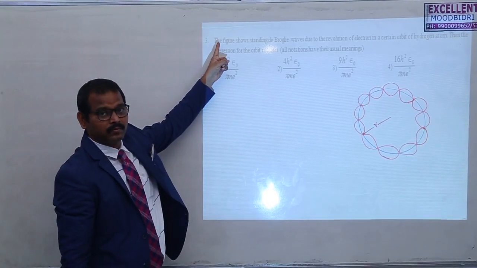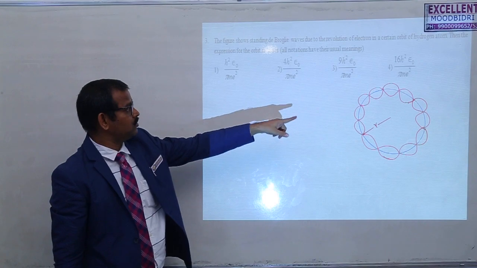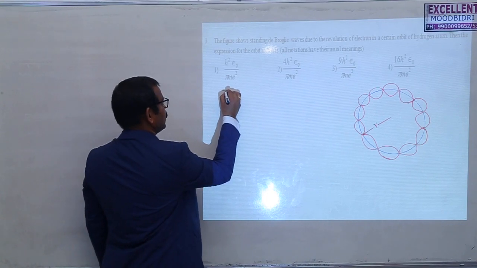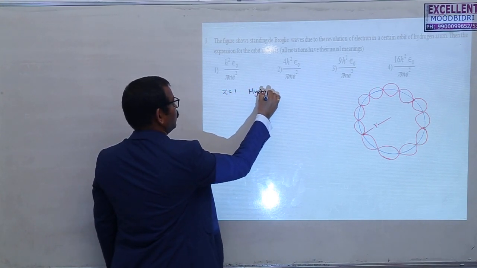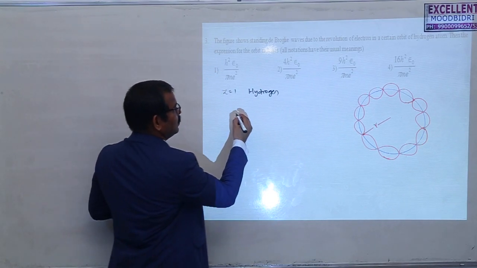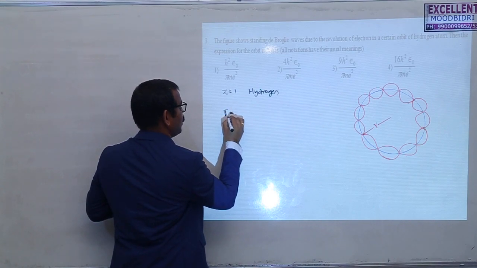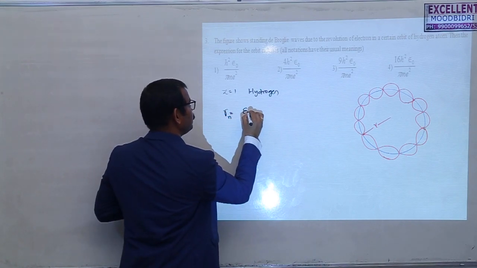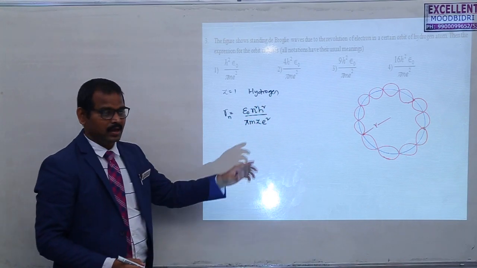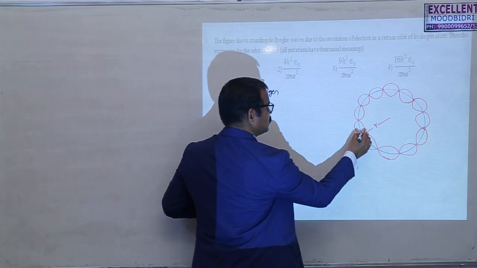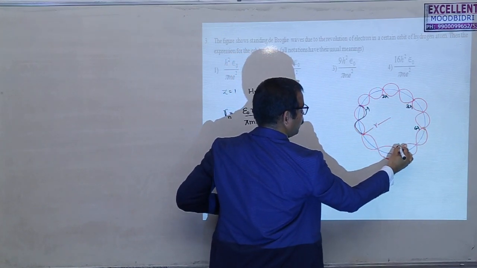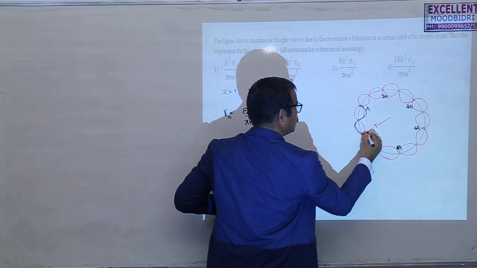In the third problem, the figure shows standing de Broglie wavelengths due to the revolution of the electron in a certain orbit of hydrogen atom. So Z is equal to 1 as it is hydrogen. The radius of the nth orbit of hydrogen atom is given by epsilon naught n square h square by pi m e square Z. If you observe this diagram, this is one wavelength lambda, here 2 lambda, 3 lambda, 4 lambda, 5 lambda, and finally 6 lambda.